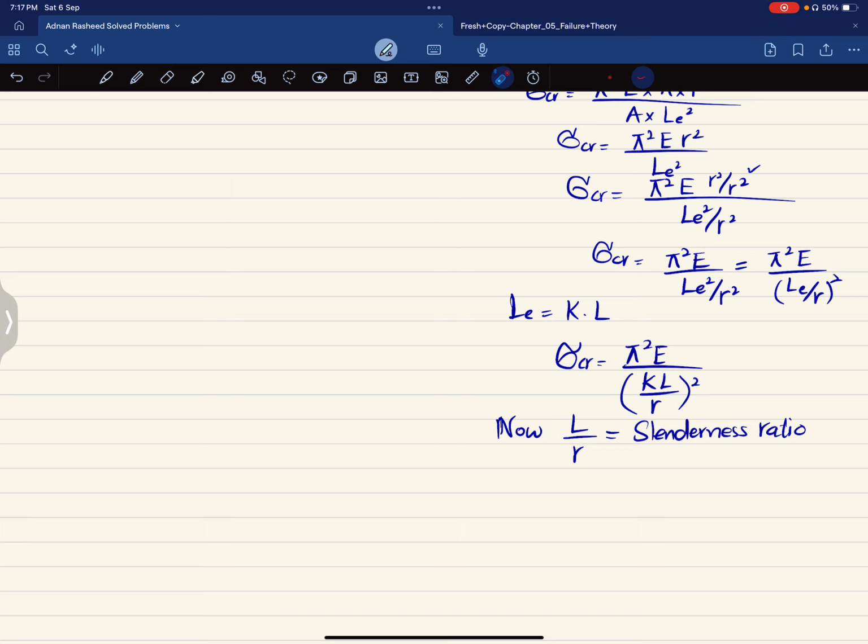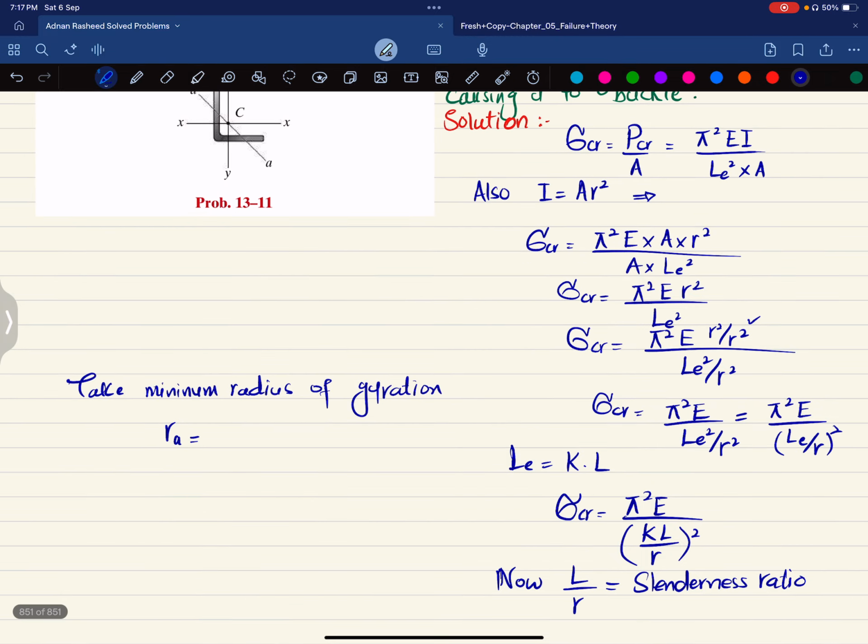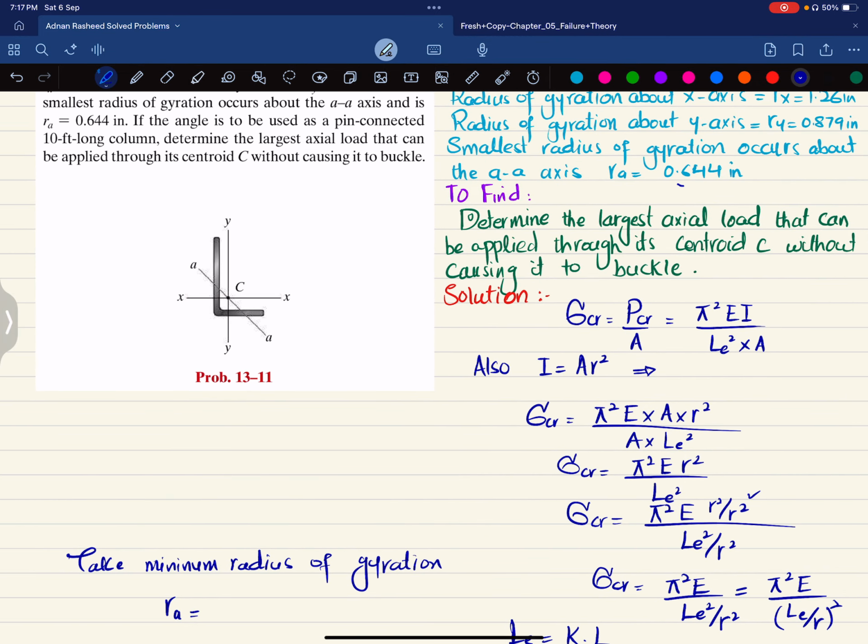So for this we take the minimum radius of gyration, so that this term will have a higher value and the critical stress will decrease. So what is the minimum radius of gyration? That is RA, and RA is given as 0.644 inch.